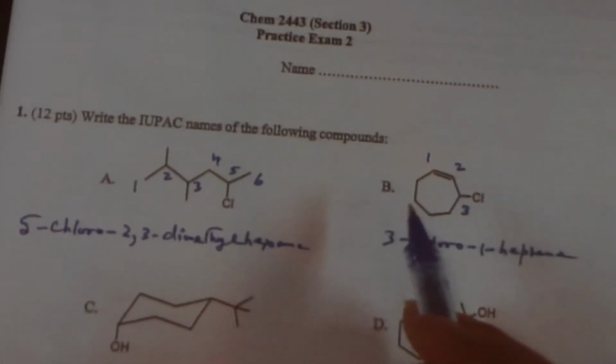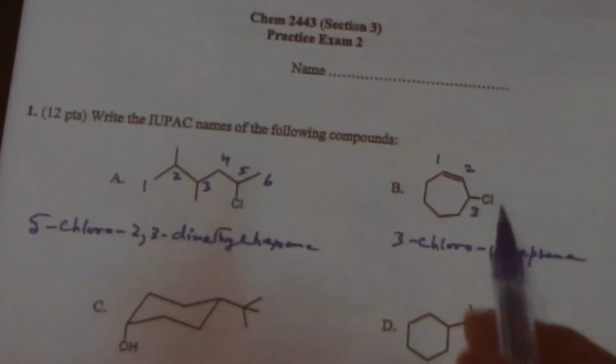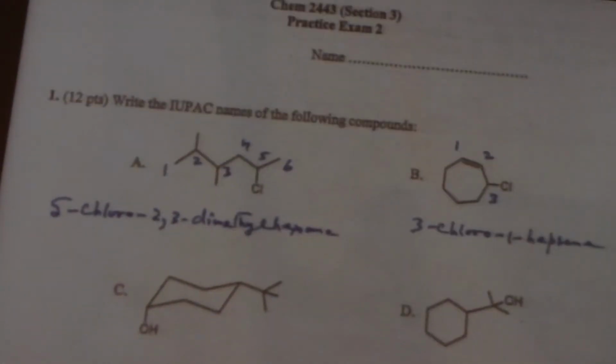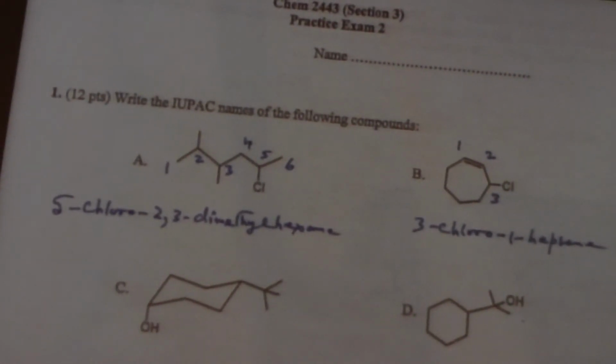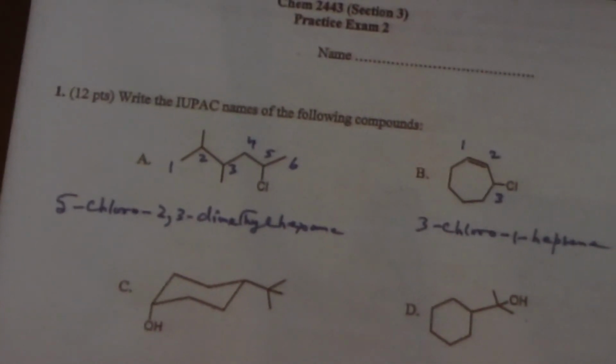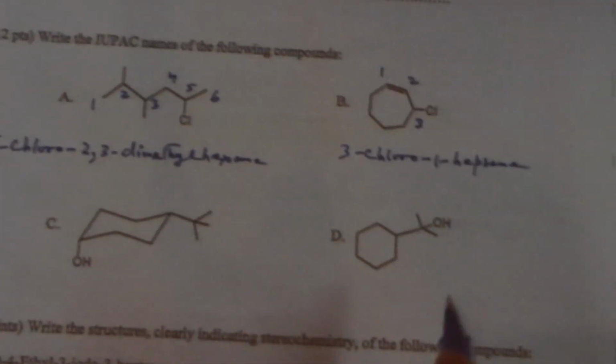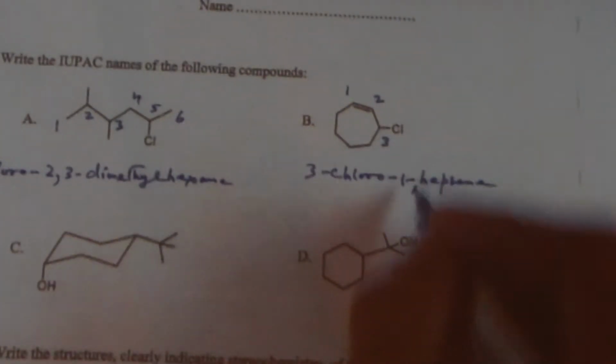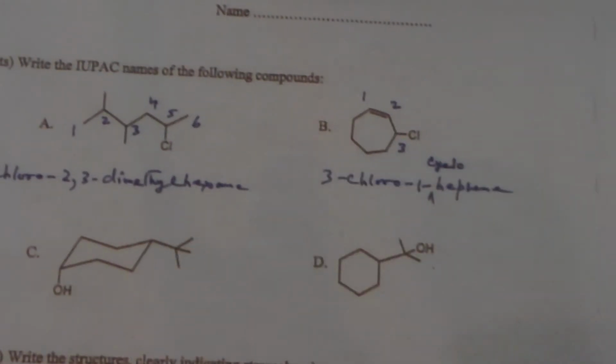Otherwise, it could have been in another position. Though in this case, 1-heptene is needed, because you may have multiple other substituents there. Right, of course, cyclo. Absolutely.